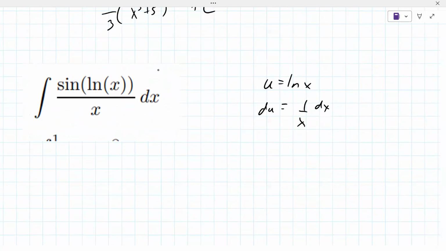Like you should see 1 over x, and you do. You see that there's an x on the bottom. So dx equals du over x. Oh wait, times x.